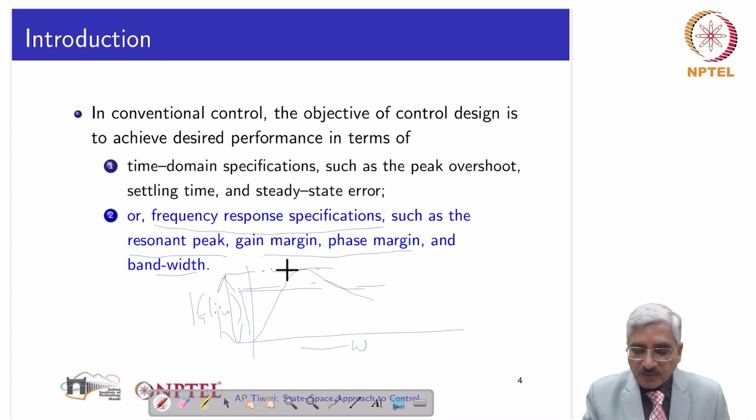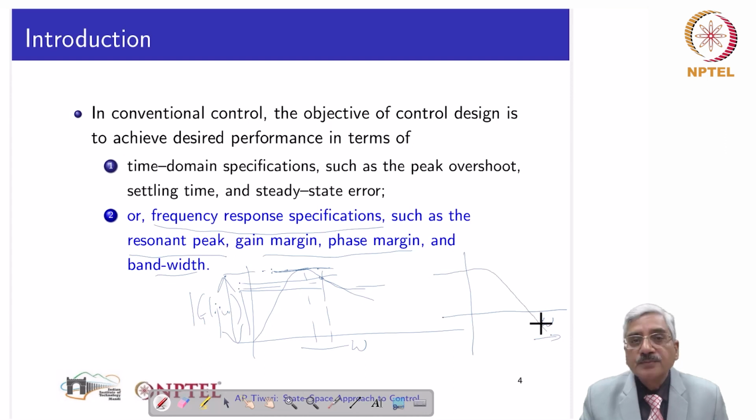So many times the specifications were given in terms of this resonant peak and the bandwidth. Bandwidth means where the gain is 0.707 times the maximum value, and sometimes in terms of gain margin and phase margin. You might have come across frequency domain plots, for example this one.